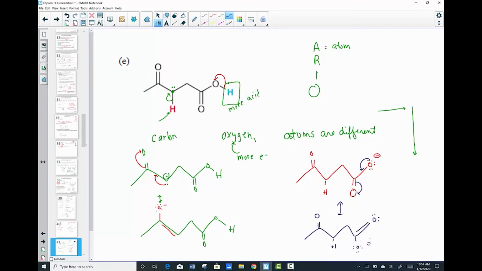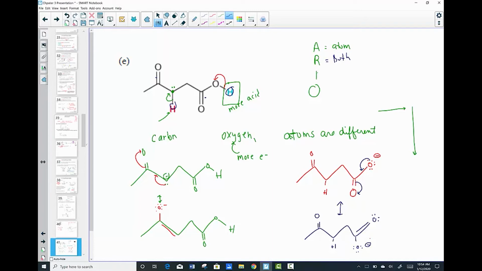So both have the ability to be resonance stabilized, right? So both the blue, that's adjacent to a pi bond, and the red is adjacent to a pi bond there. So they both have the ability to form resonance. So what would be the dominating factor? And it's the first letter in that whole story problem, which is A. The atom itself is going to create a stable conjugate base.